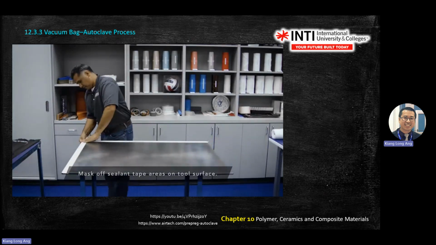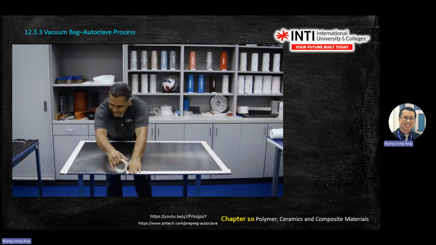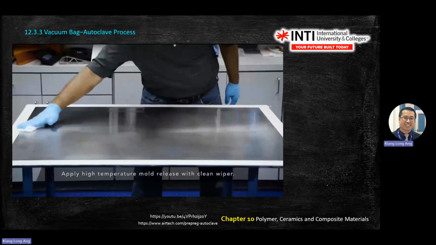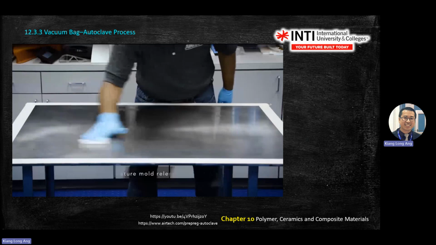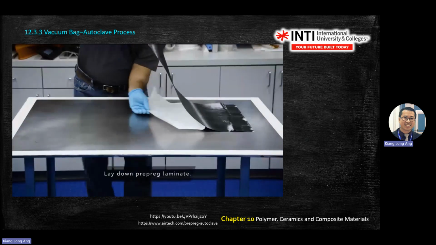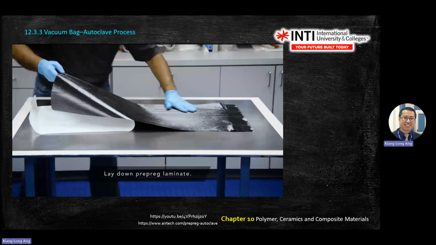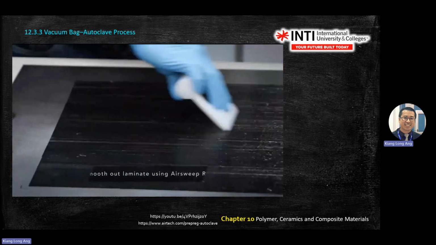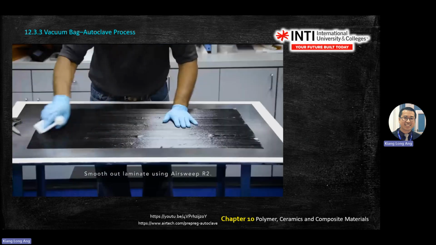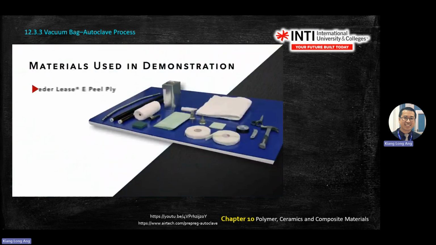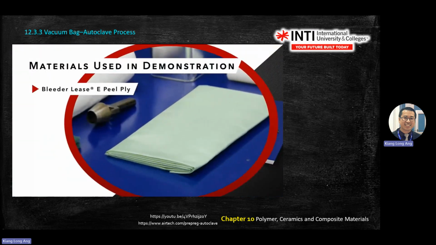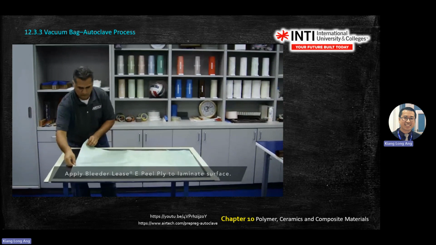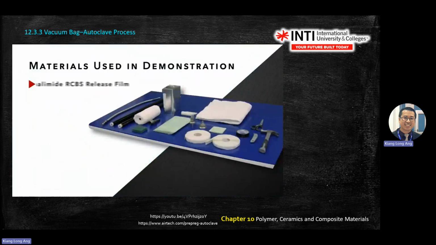What they do, they put a sealant, and they start to put it in. You need to make sure the mold is very clean, so that you will get a very smooth surface. This one is a pre-packed laminate. Laminate is like a plaster, you know, to stick the fiber together. So another material. There's layer by layer and so on.